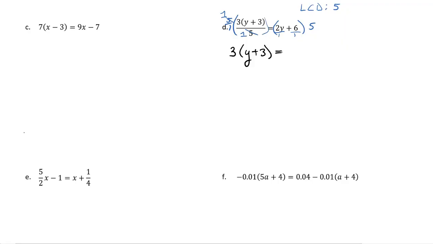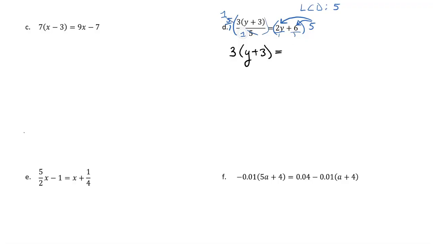Now on the right-hand side, remember we want to keep that equation balanced. So what I do to one side, I have to do to the other. So when I say multiply the right side by 5, that means multiply every part of that right-hand side by 5. This is different from what we did on the left-hand side because we're not dividing both 2y and 6 by the same 5 value that we could divide away.